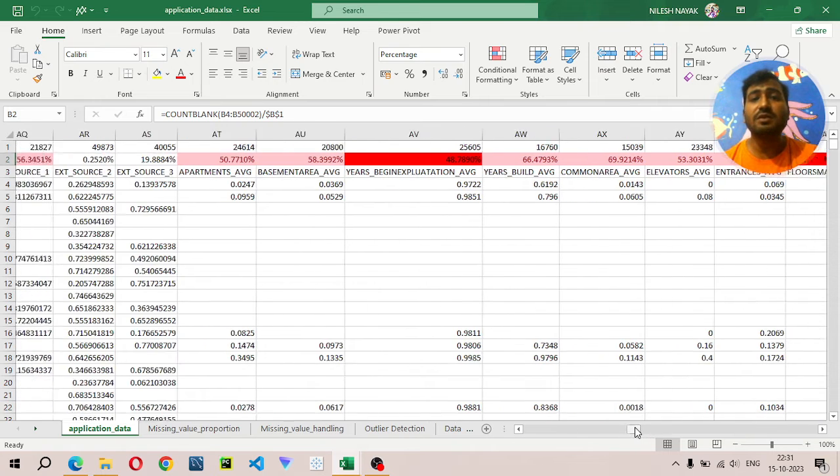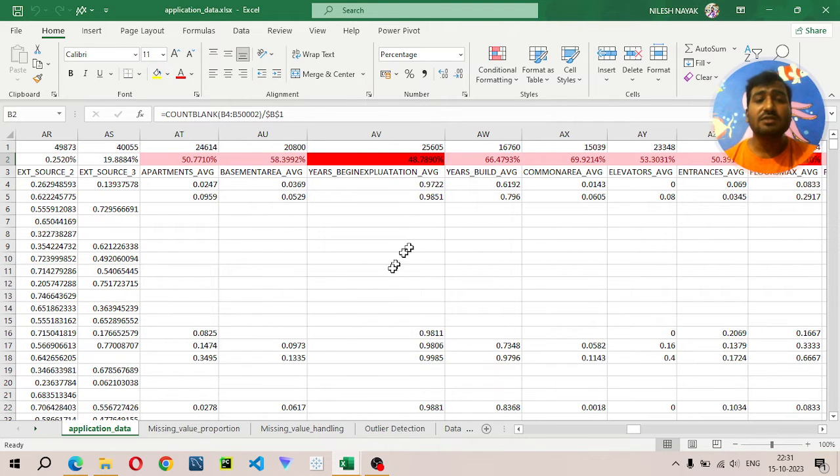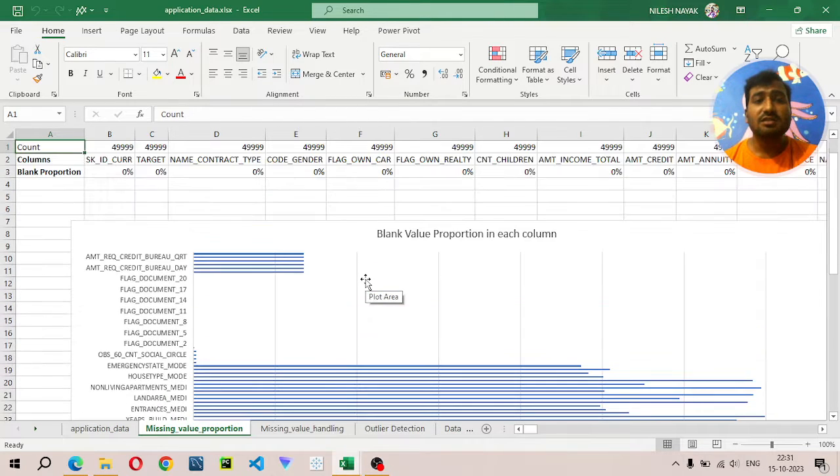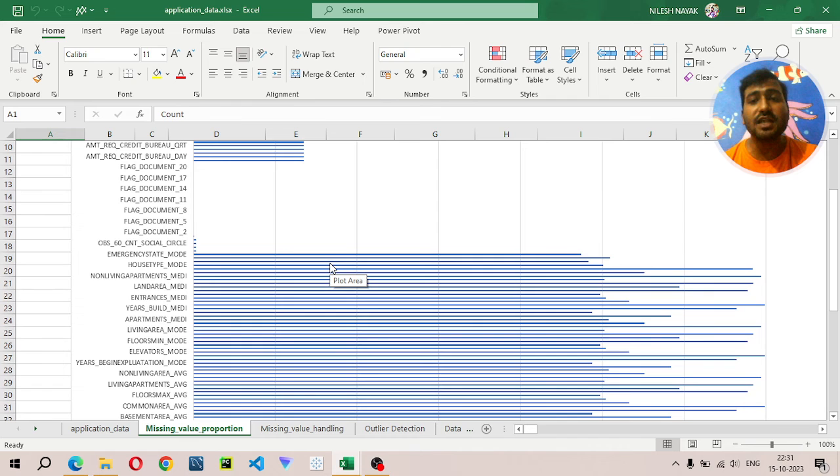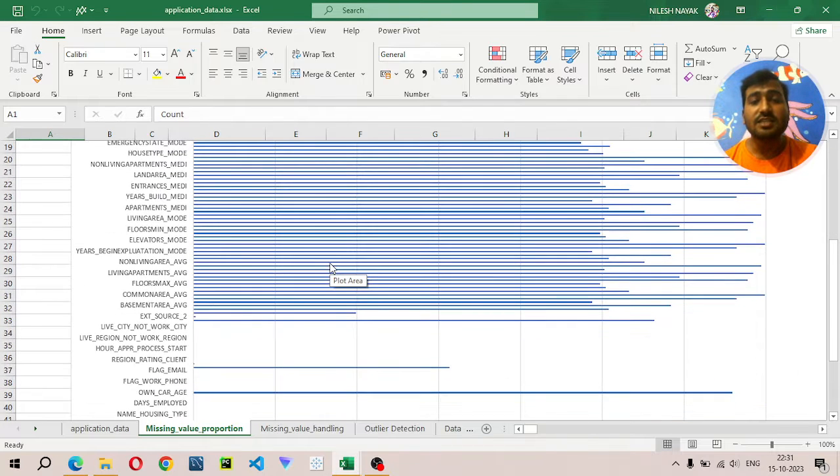Similarly, we have performed this on other columns, and with this data we have got this proportion value, and the display of this blank proportion has been shown in the chart. The same chart I have described in the report.